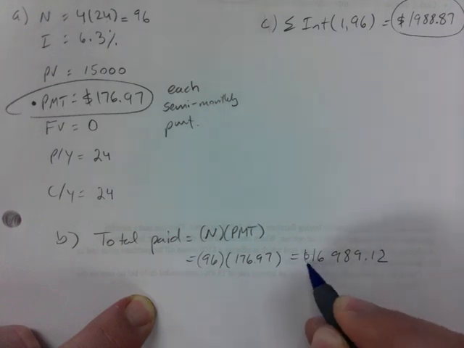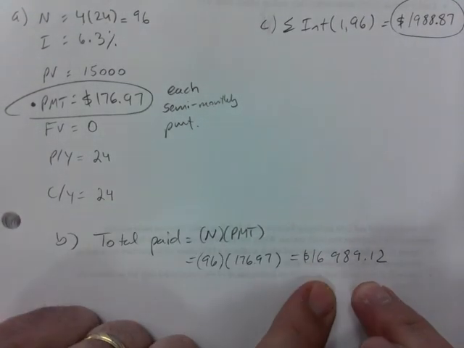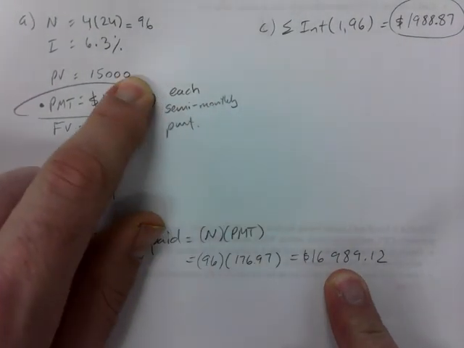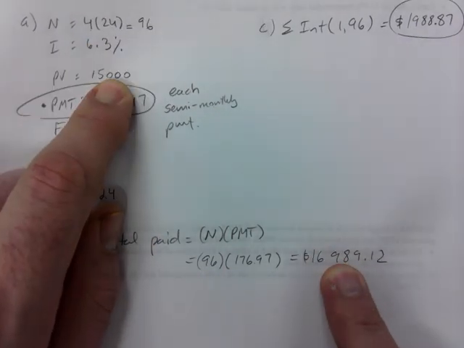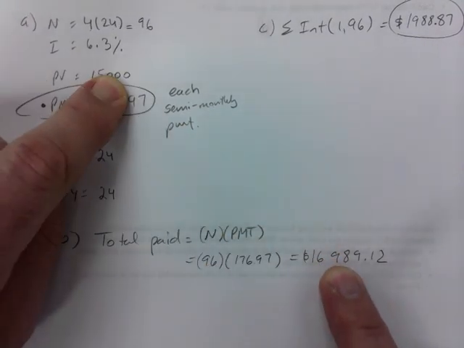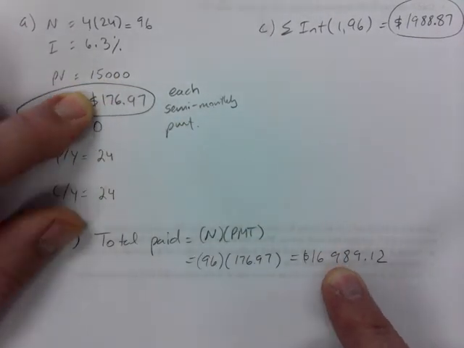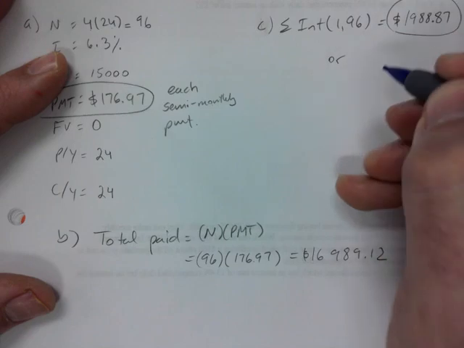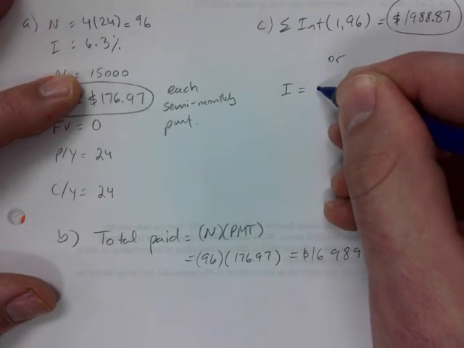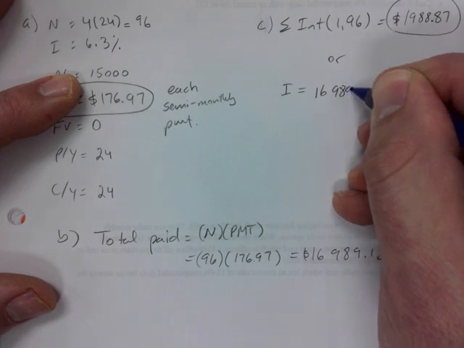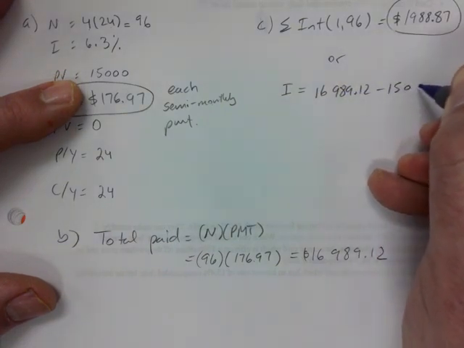$16,989.12. Right? This will help you figure out the interest paid because it's just the difference between how much you paid the bank and how much the loan was in the first place, right? That is their profit. So you could do it this way, or interest would simply be 16,989.12 minus the 15,000.